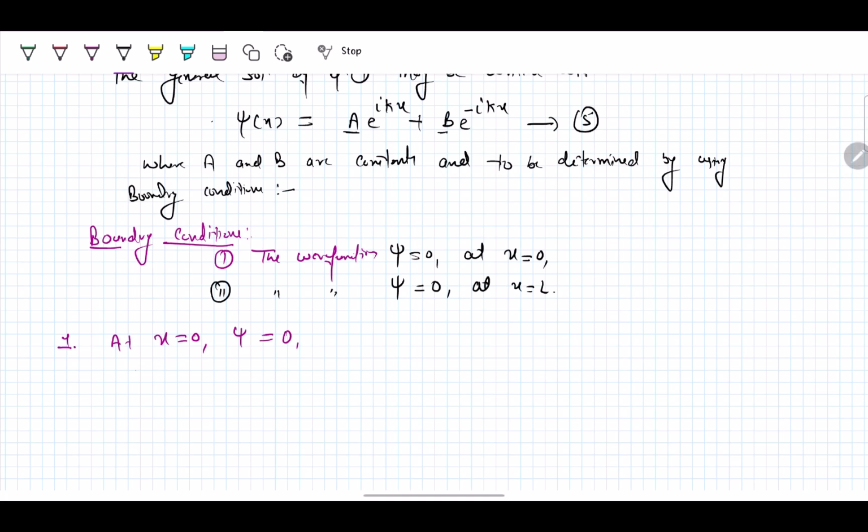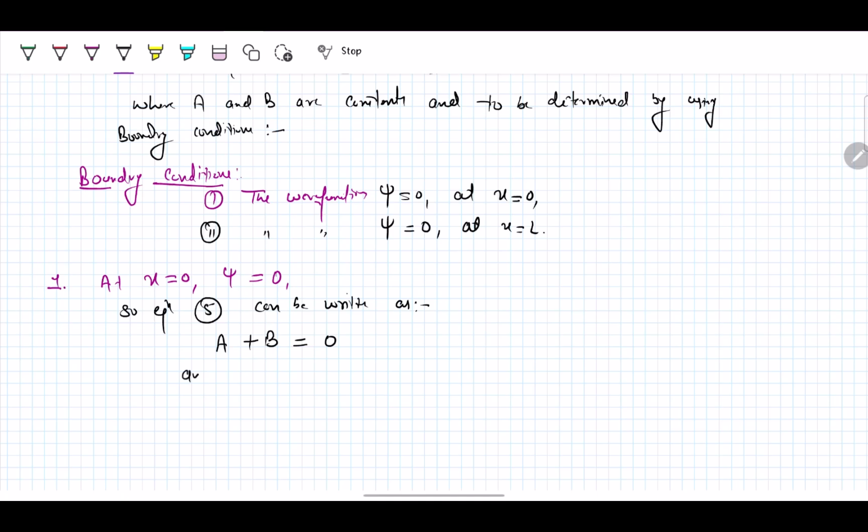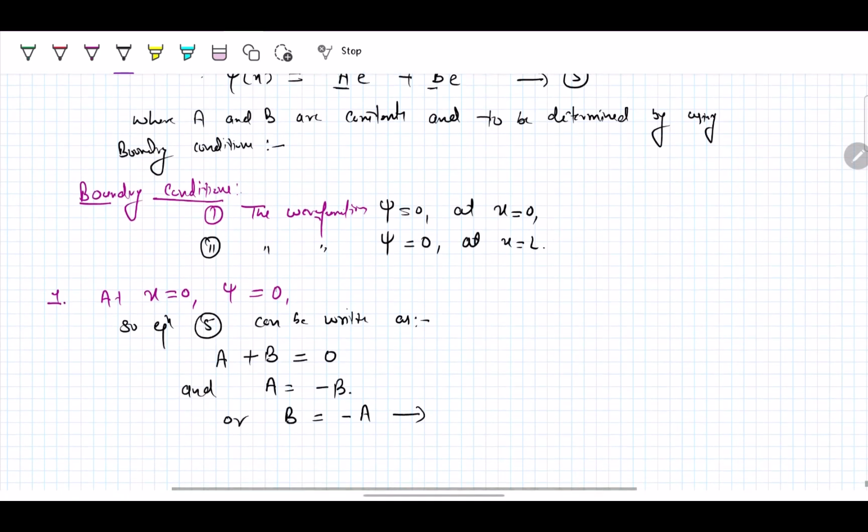So we can write equation number 5 as a plus b is equal to 0, as at x is equal to 0 the wave function is equal to 0. So a is equal to minus b, or we can write it as b is equal to minus a. Let's say this is my equation number 6.